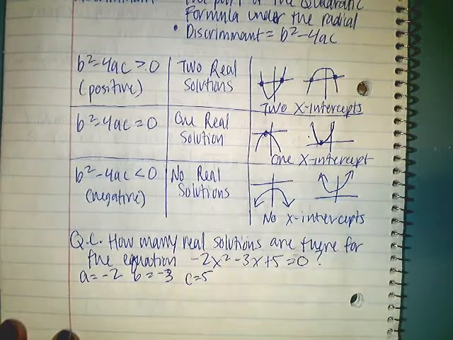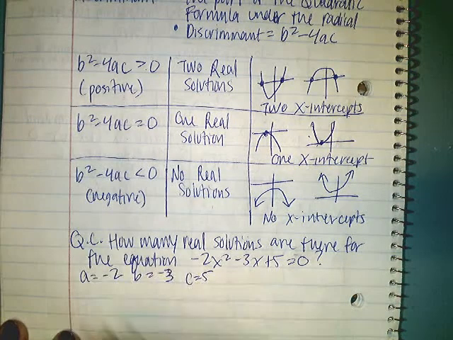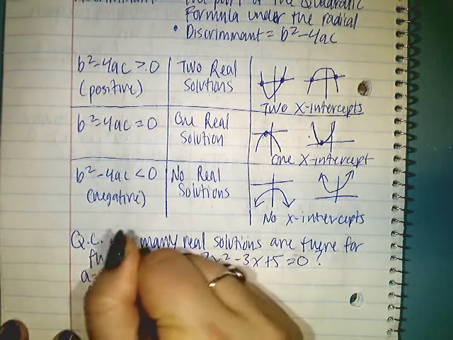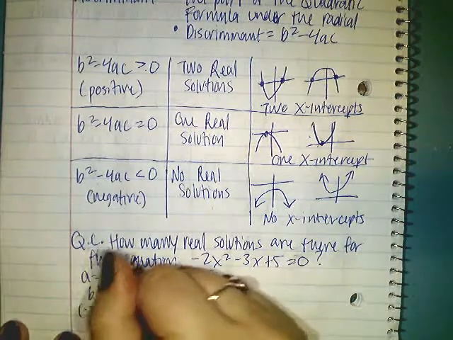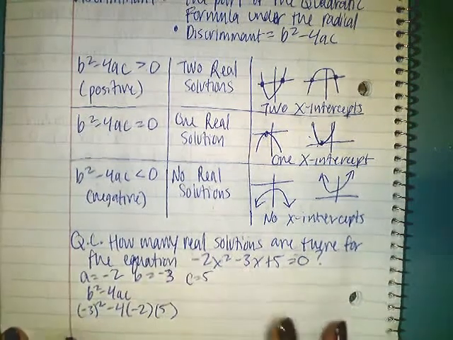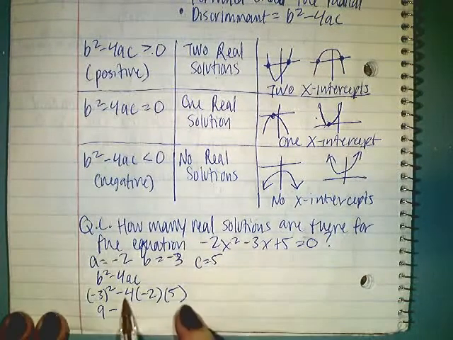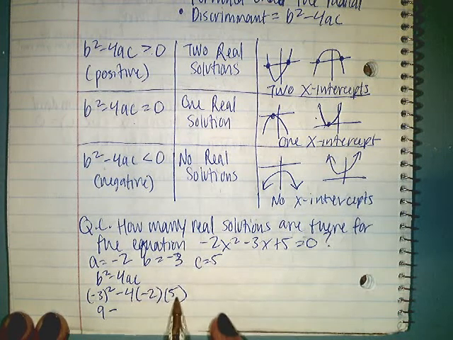I don't need to use my whole quadratic formula. I just need to use the discriminant, so b squared minus 4ac. So I have negative 3 squared minus 4 times negative 2 times 5. I'm going to simplify that. Negative 3 squared is positive 9, minus 4 times negative 2, which is positive 8, and 8 times 5 is 40.